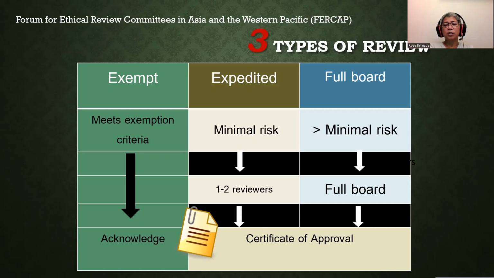In all cases, of course, the ethics committee must be clear on what it means by minimal risk. Now, it's possible that some ethics committees will have an expedited process where only one or two reviewers will be involved in reviewing the protocol or the dossier, and not the full board.